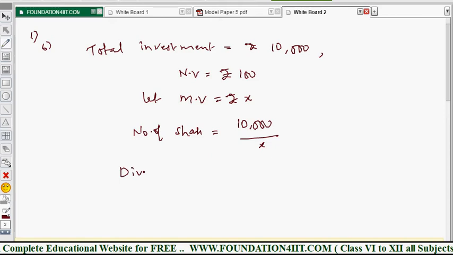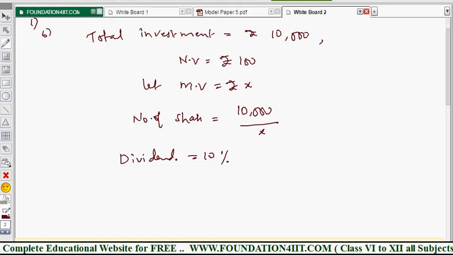Dividend is given in the question as 10%. If you know the dividend, you can find the income from one share, because dividend always depends on the nominal value. That means income from one share is 10% of nominal value, 10% of 100, which is 10 itself.